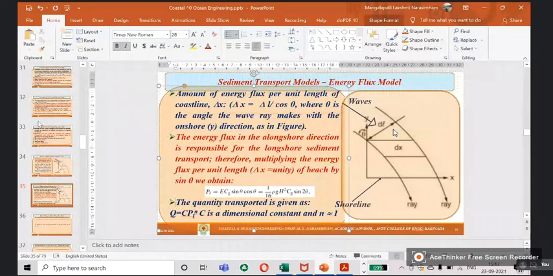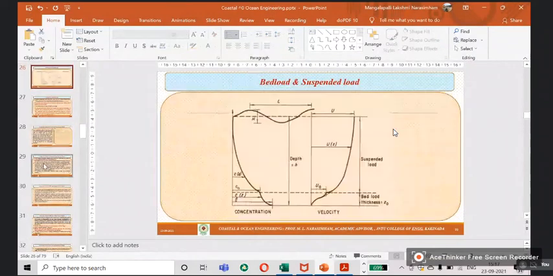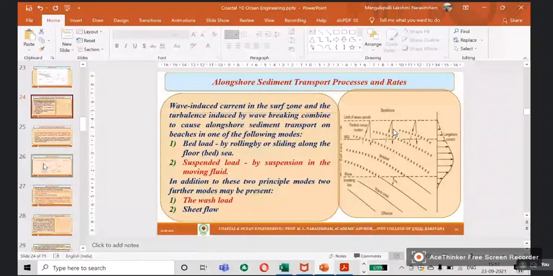So today, I am going to introduce to you the basic two things: the bed load and the suspended load. Now, it is very easy to understand what a bed load is and what a suspended load is. What you require to understand is how this bed load or suspended load is initiated or is caused.